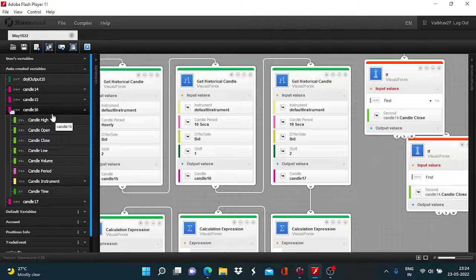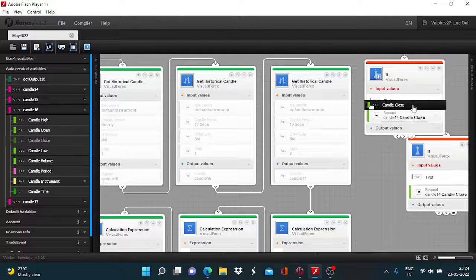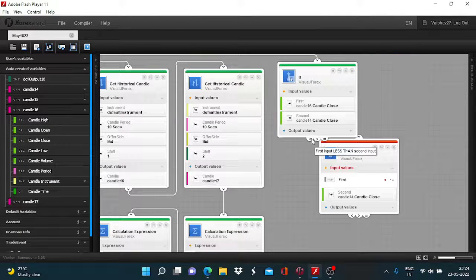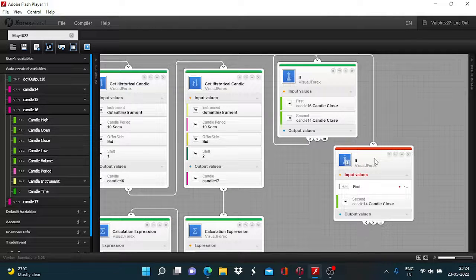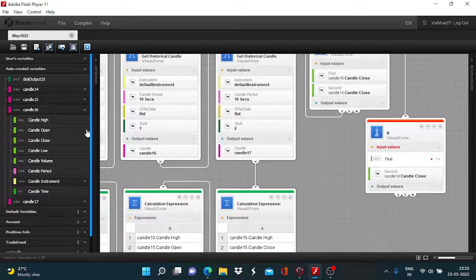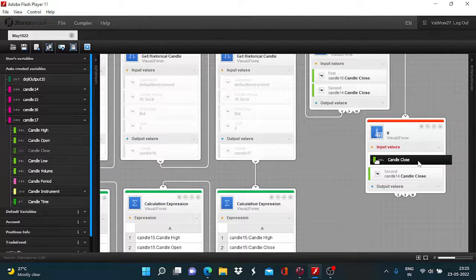We need the candle 16 candle close to be less, so first input less than second input, and candle 17, which is the penultimate 10-second candle, should have closed higher.